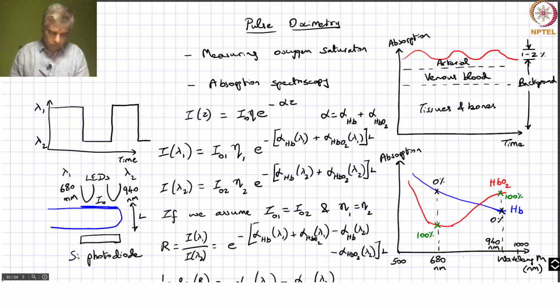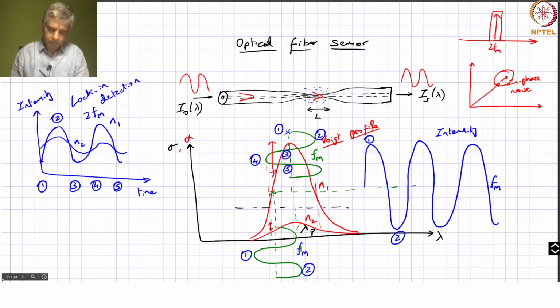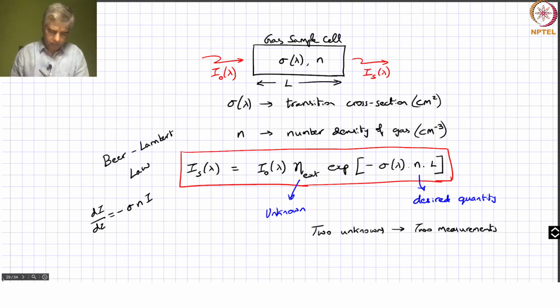Well, we talked about gas spectroscopy previously, and we talked about typically extracting a gas sample, right?